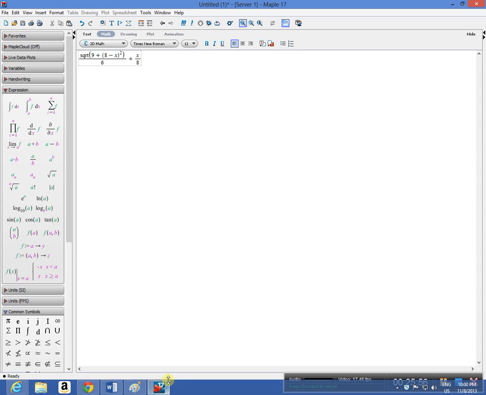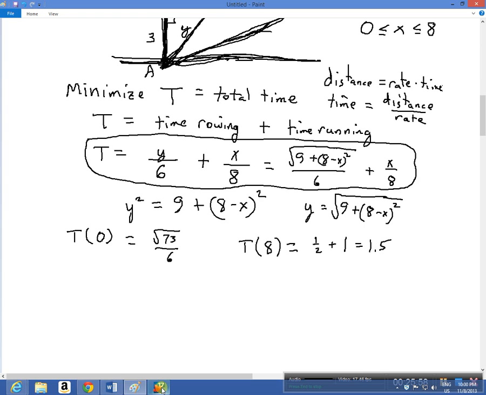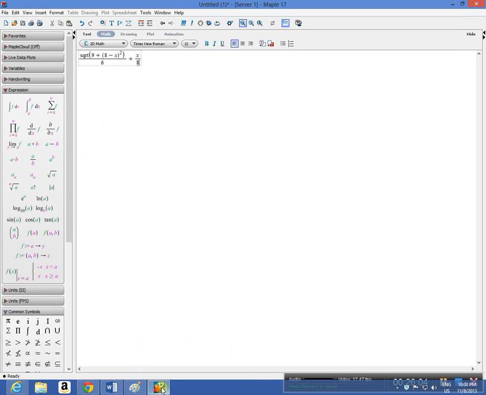Let me just double check that. X over 8, plus the square root of 9 plus 8 minus x squared over 6. Right, so that is my function that I want to deal with.